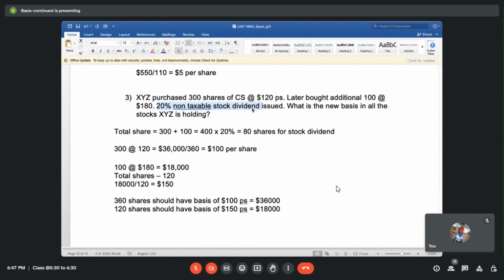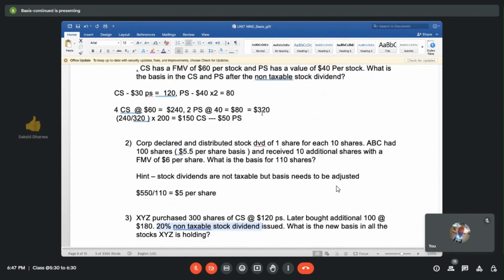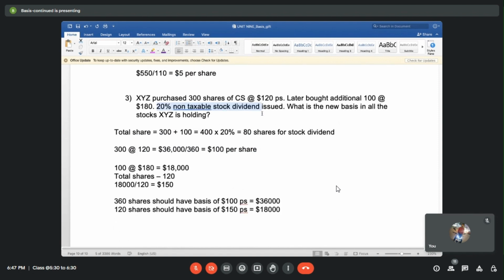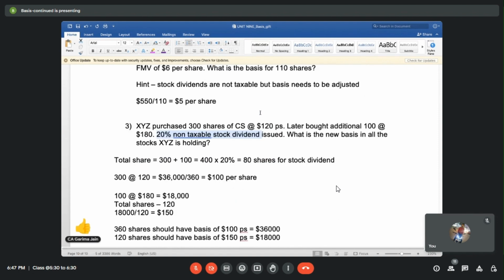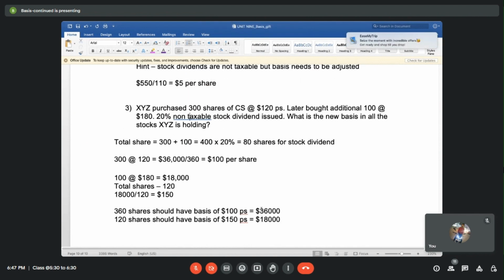Is that clear? I hope everybody understood this. We are going to close it over here. Any questions? The principle that we need to remember: if it's a non-taxable transaction, adjust the basis. The aggregate will stay the same, the per-unit basis may change. If it's a taxable transaction, even the aggregate value will change.